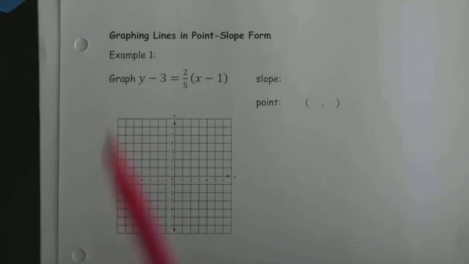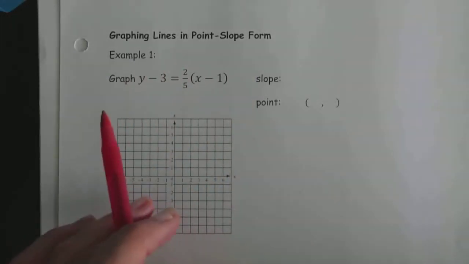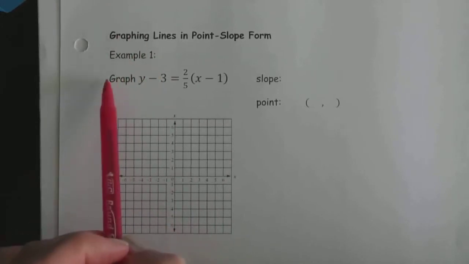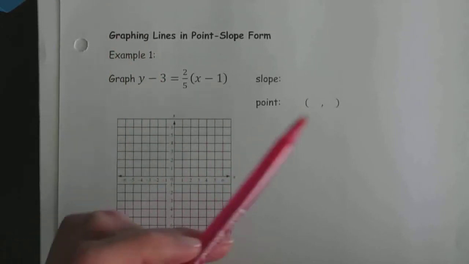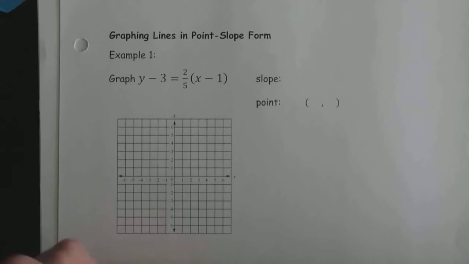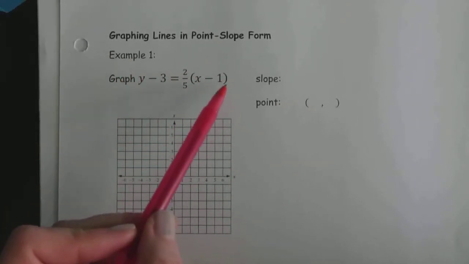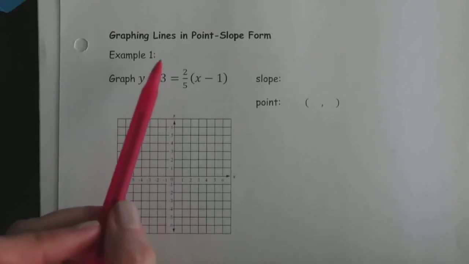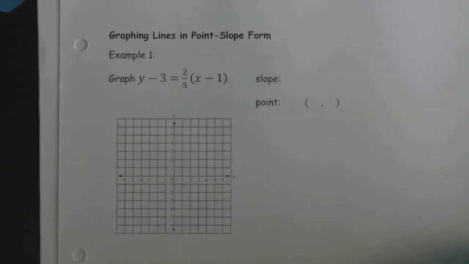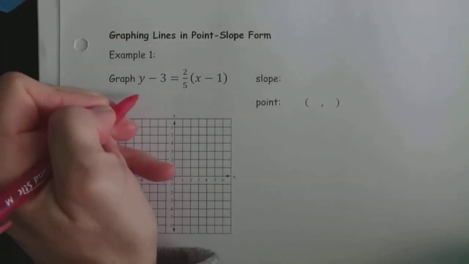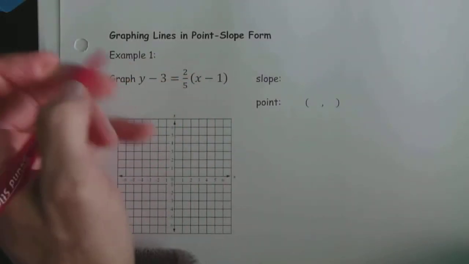So if you look here at this first example, and this is if you have my note sheet. Certainly if you don't have my note sheet, you can come along with us. You just draw it out on regular paper. But your first example is we're going to graph this equation. Now I hope you're realizing that this is point slope form. I'm actually going to write point slope form underneath it so you can see the connection.